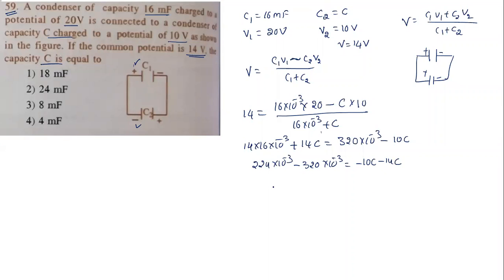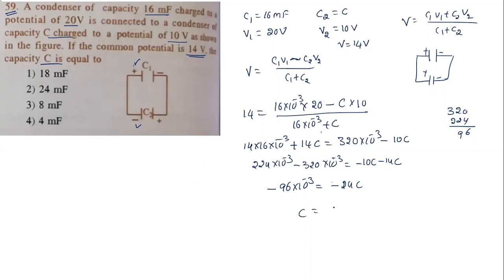And if you simplify, what do you get now? Negative sign. 320 minus 224 is 96. So it will become minus 96 into 10 power minus 3, equal to minus 24C.